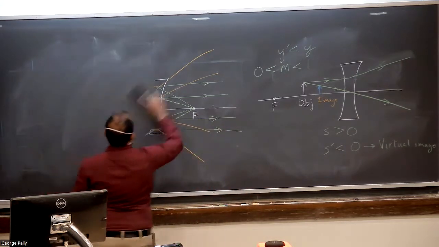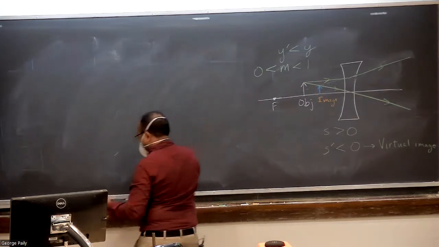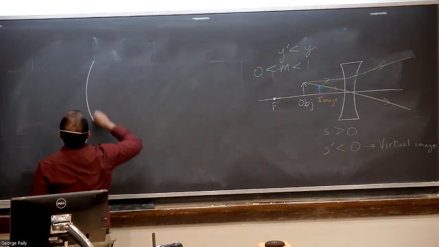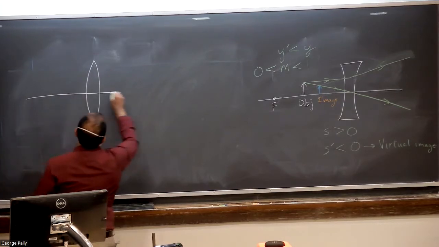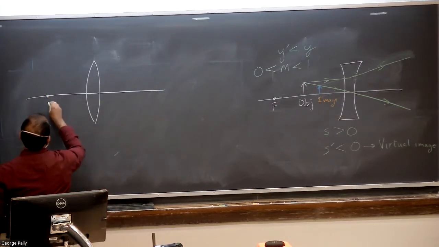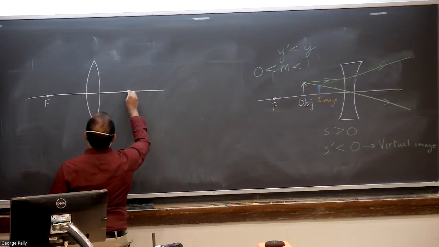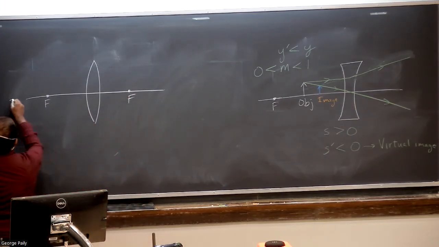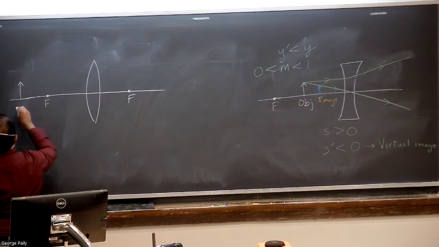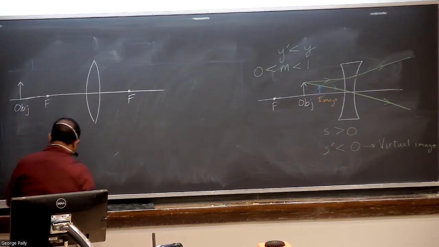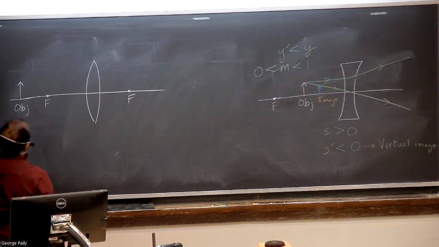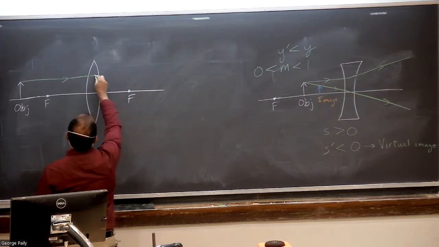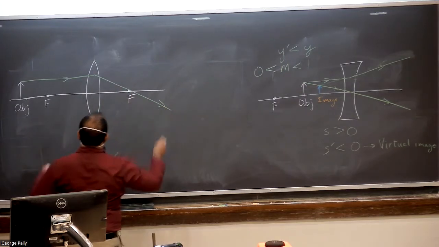Let's try a converging lens, and then we'll do a mirror after that. Okay, and let's put our object over here. Okay, so one ray starts out parallel and then passes through this focal point because it's a converging lens, right?